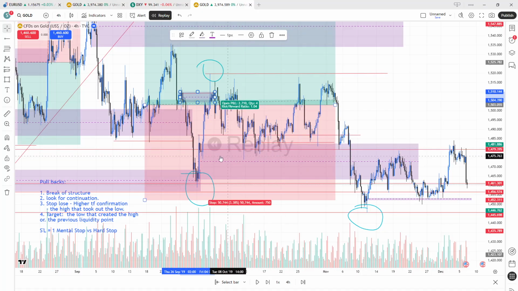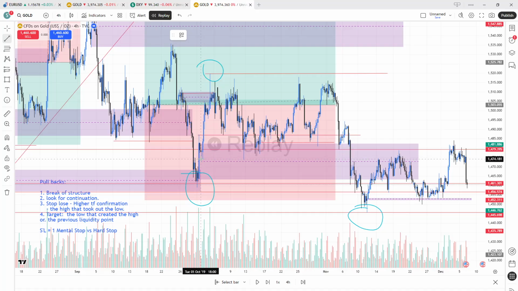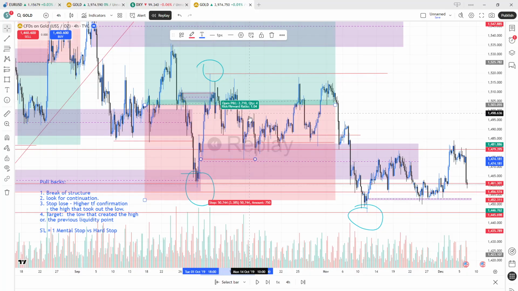It came back for this sweep right here, and from the sweep right here, it created that temporary push to the upside, but still fell because there was such support.